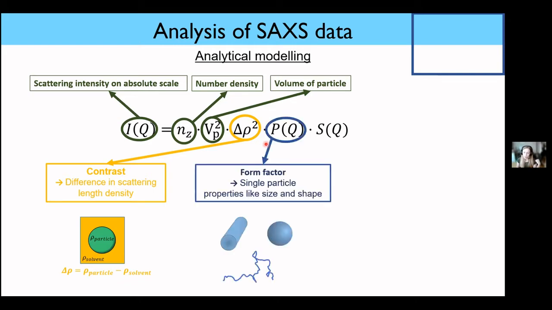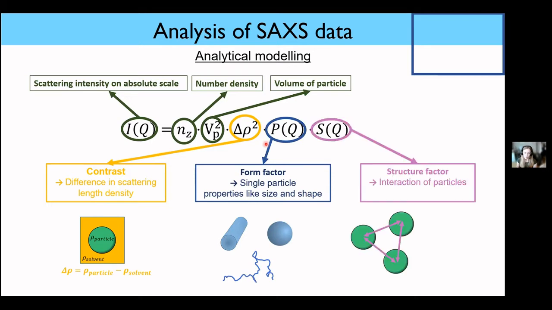And the next term is the Q-dependent term, and it is referred to as the form factor. And this describes the Q variation in scattering that occurs due to the shape and size of your particle. And then finally, we will have what is referred to as the structure factor. And in SAXS this refers to interactions between the nanoscopic particles.